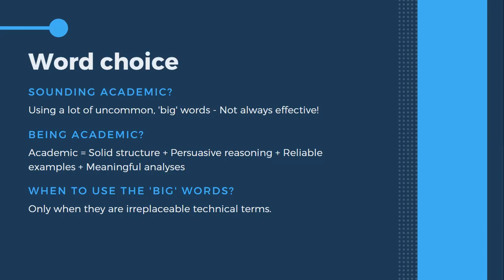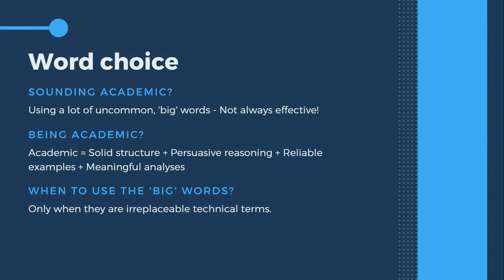A lot of the time students mistake that sounding academic means that you're using a lot of uncommon advanced words, but it's not always effective, especially if you don't have quality content and ideas to match those advanced uncommon words, right? Again, like I said earlier, having good content is always something that you should be prioritizing.